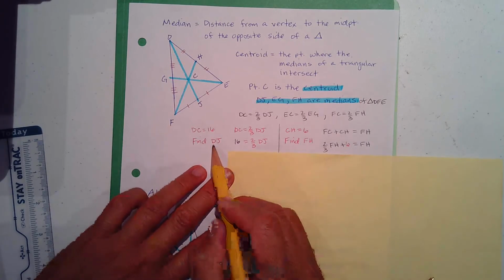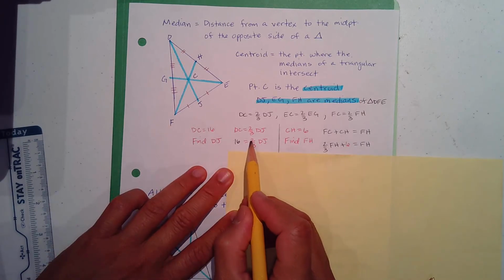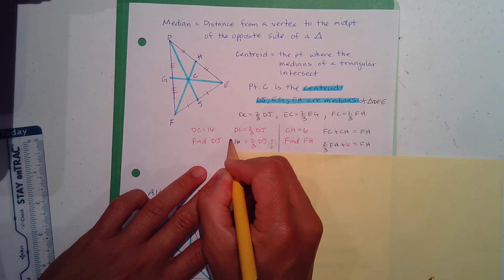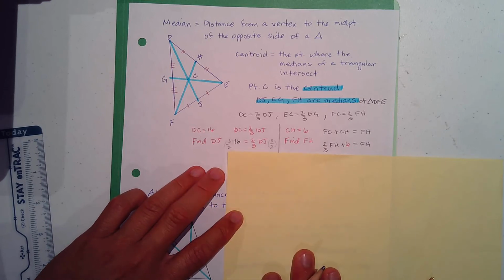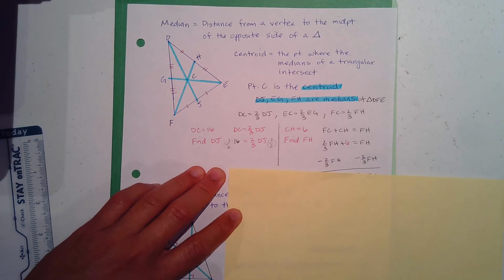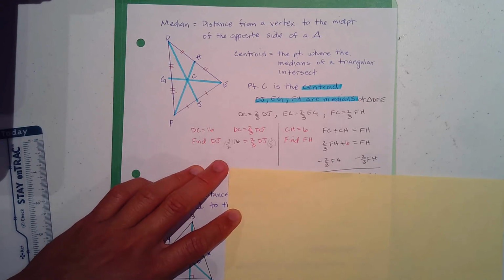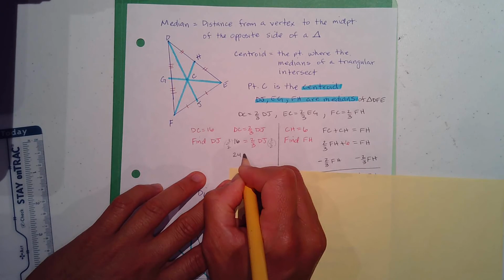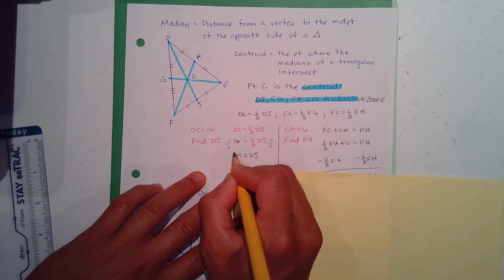So if we want to find DJ, just multiply by the reciprocal, 3 over 2 on both sides. When we multiply by 3 over 2, you can reduce the 2 and the 16, so that's 8. So this is now 24 equals DJ.